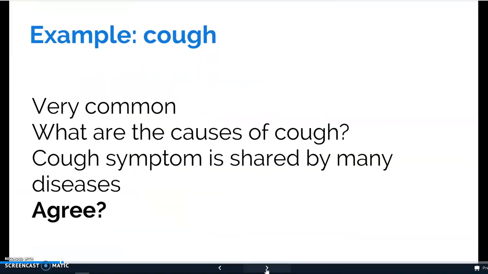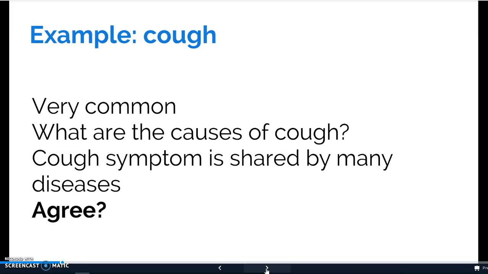Okay. When you think about a presentation in primary care, I mentioned just now that a presentation is shared by many other systems or specialties. Okay, think about this first example. Cough. It is very common, but when you think of what are the causes of cough, the cough symptom is shared by many diseases.